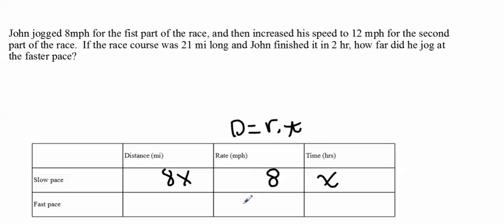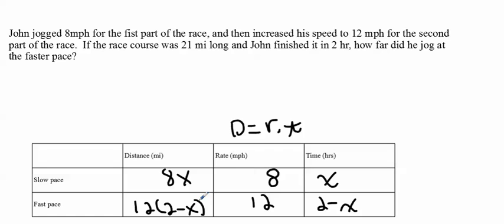Okay, now if we think about his fast pace, he was going at 12 miles per hour and he finished that in 2 hours total, so that's going to be 2 minus x. So distance equals rate times time, that's going to be 12 times 2 minus x.